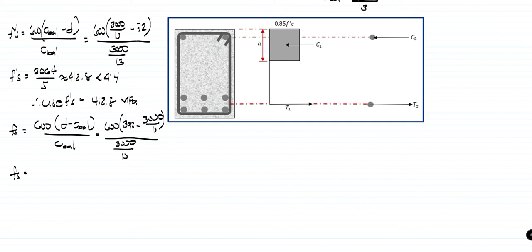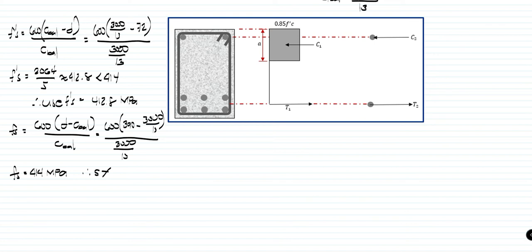Our Fs now will be equivalent to a value of 414 megapascal. As you can see, this is equal to our Fy. Therefore, this is assumed to be yielding and we are going to use the Fy, which is 414.